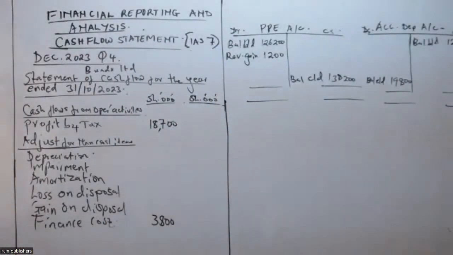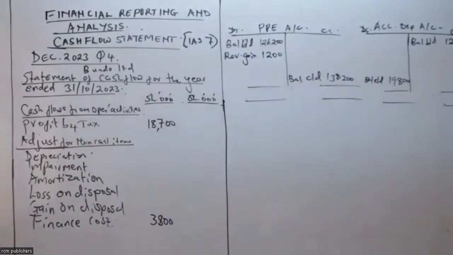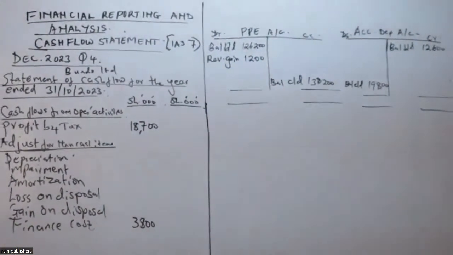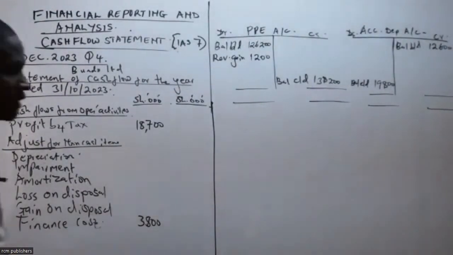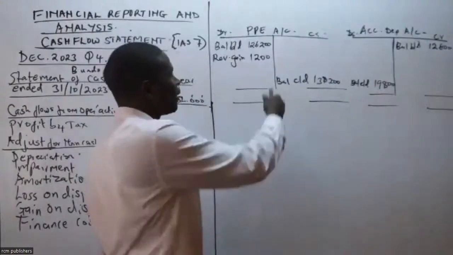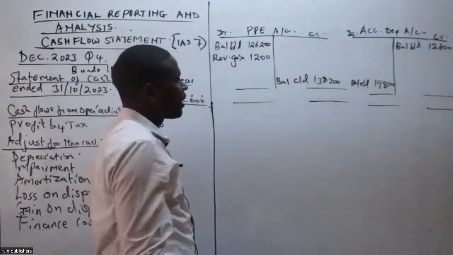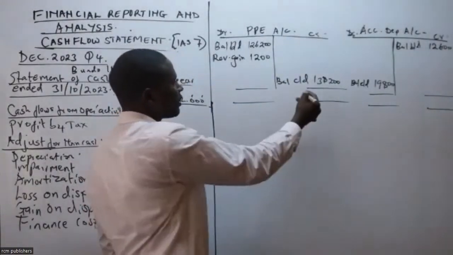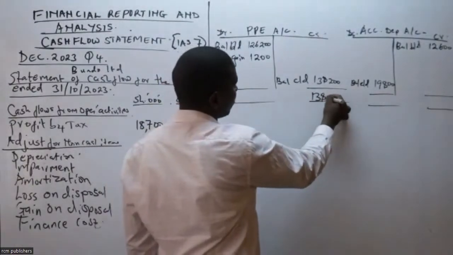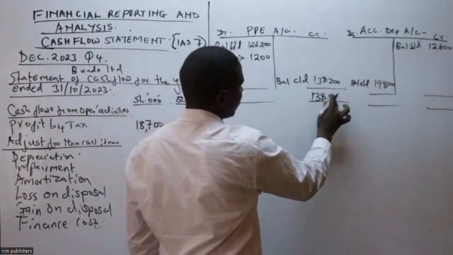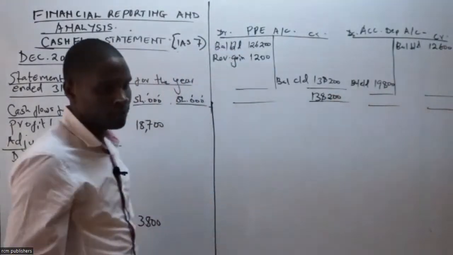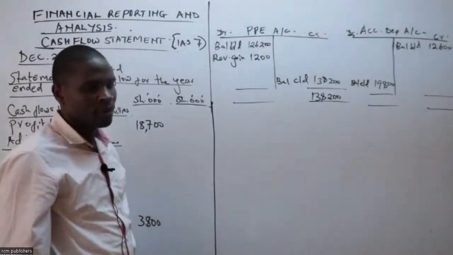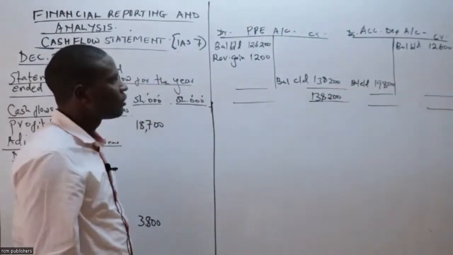All right. Can you give me the balancing figure this side? You can see this side I have 138,200. This side, how much do I have? 127,400.